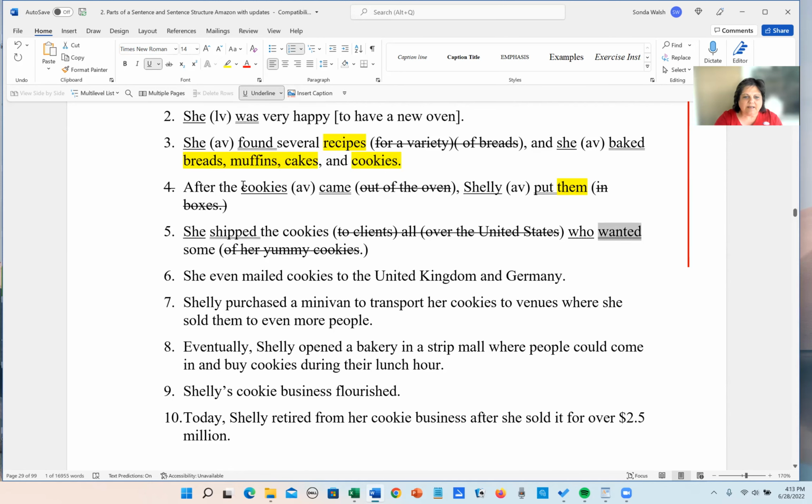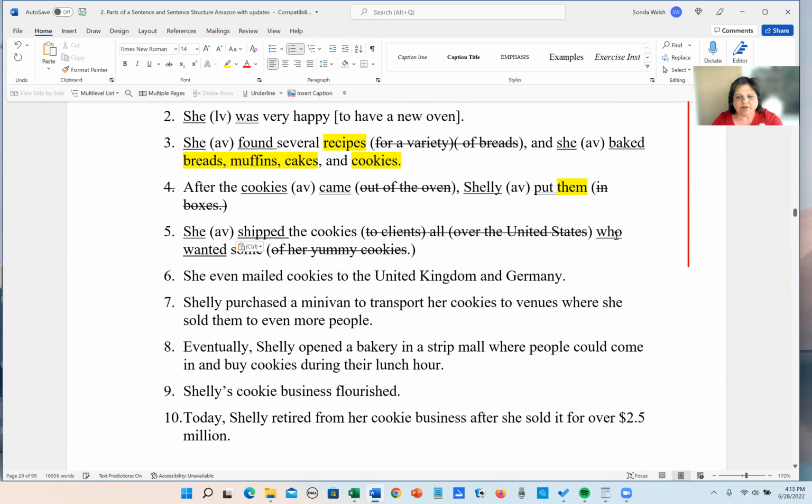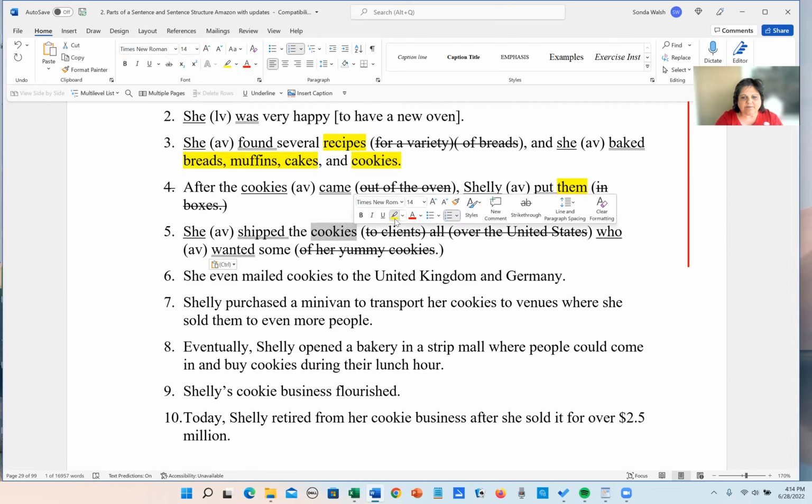Okay, we need to identify what type of verb shipped is. That is an action verb. Wanted is also an action verb. So now we ask our question, she shipped what? Cookies is our direct object. Who wanted what? Some is the direct object.